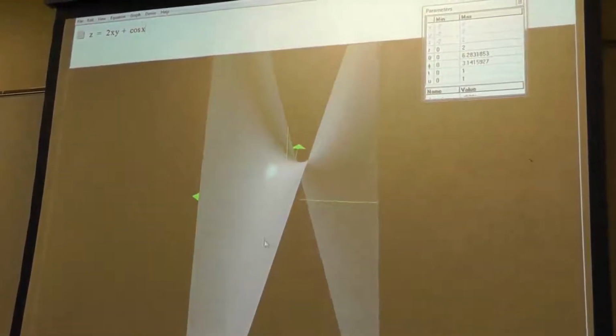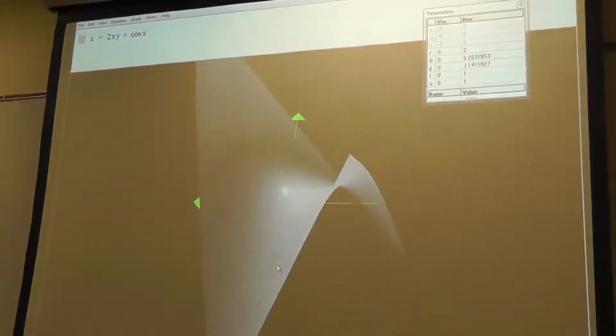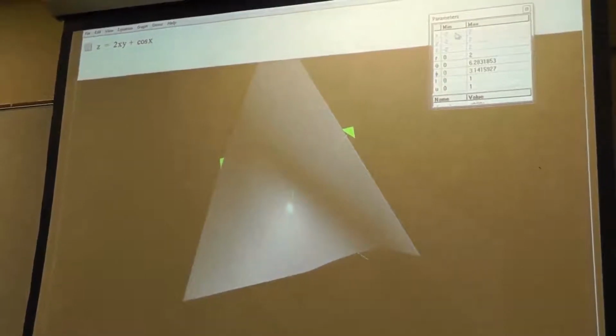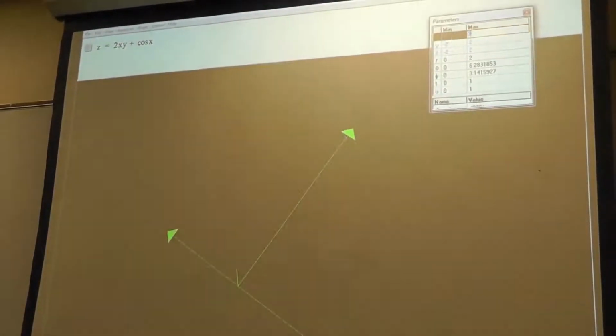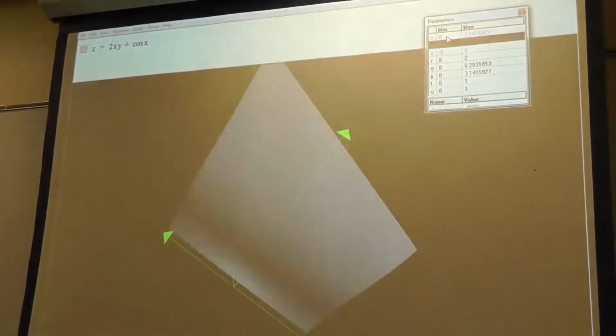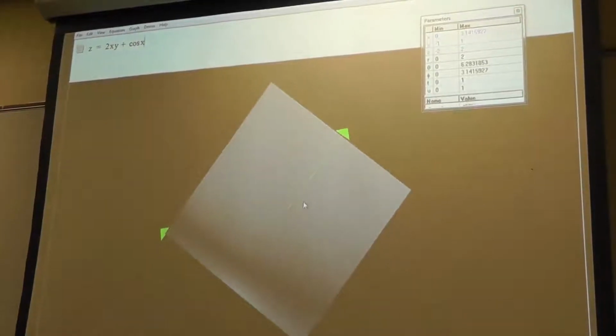Okay, so in the xy plane, if I look from the top of this, no, shoot, it reset everything. Look at that. 0 to 3.1415927, -1 to 1. There we go, that's what I need to see. Perfect.